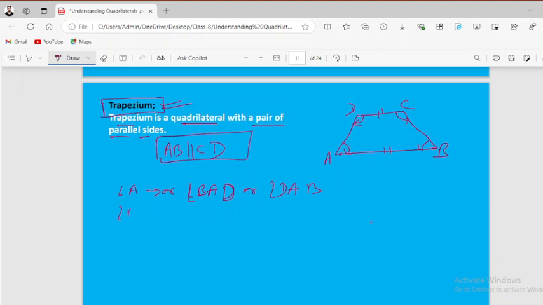Angle B can be represented as angle ABC or angle CBA. Similarly, angle C is angle BCD or angle DCB. And angle D you can do yourself and fill in the angles.